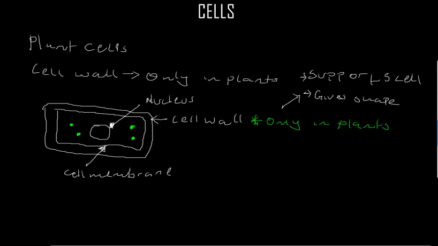And chloroplast is green in color. So only plant cells have chloroplast, because animals do not make their own food. Animals do not undergo photosynthesis. Animals do not have chlorophyll, and so animal cells do not need the chloroplast.